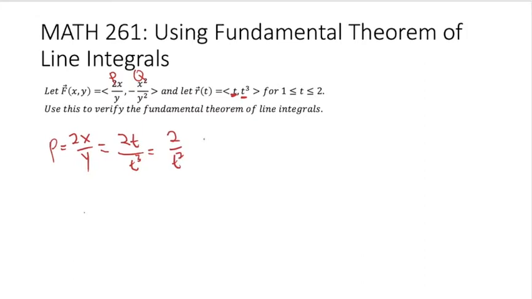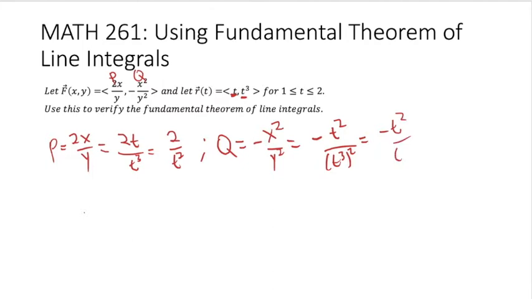So now let's do the same for Q. We know Q equals negative x squared over y squared. So if we plug in t for x and t cubed for y, we end up with negative t squared over t to the 6th, which simplifies to negative 1 over t to the 4th.